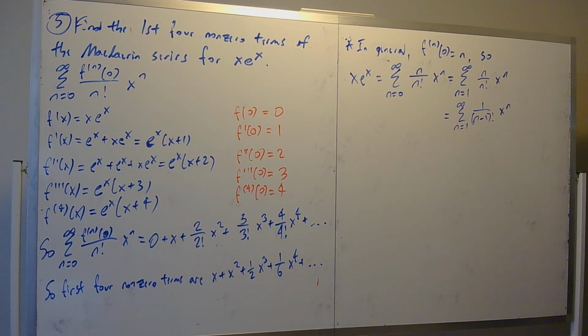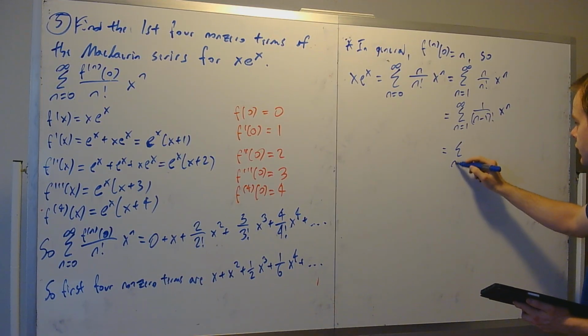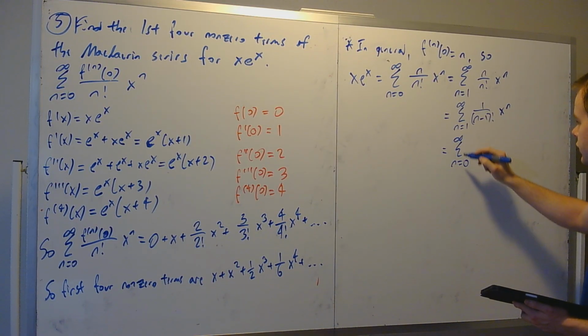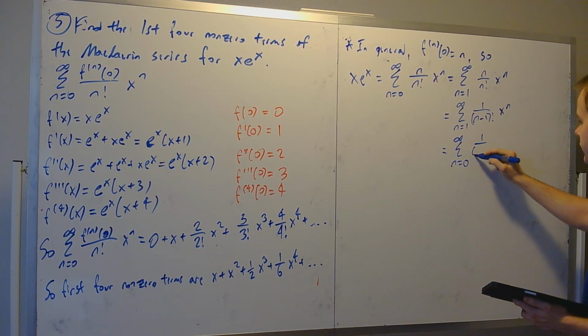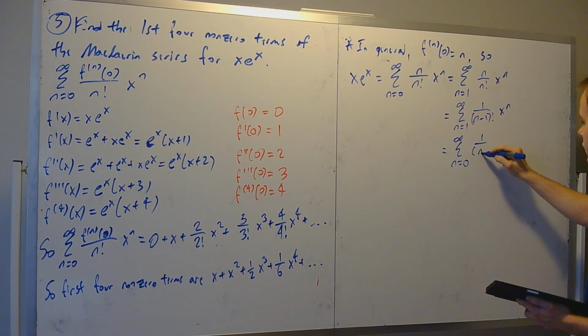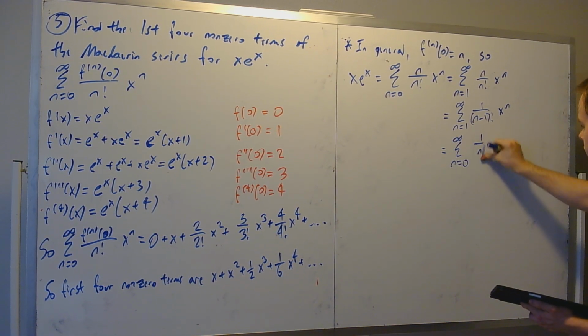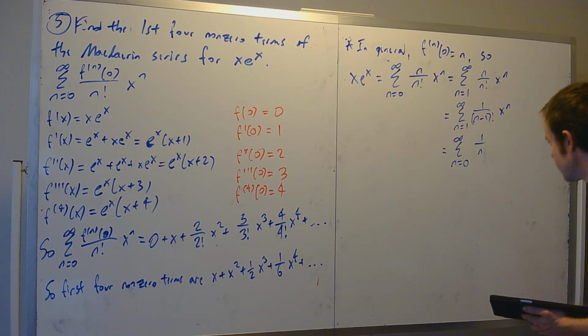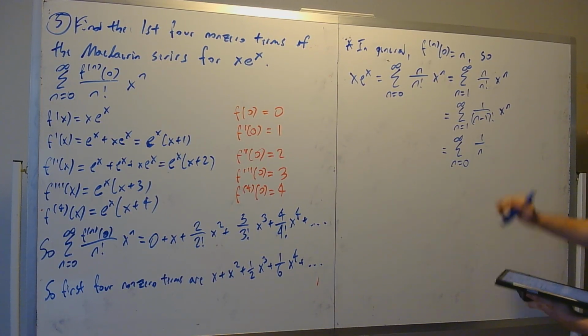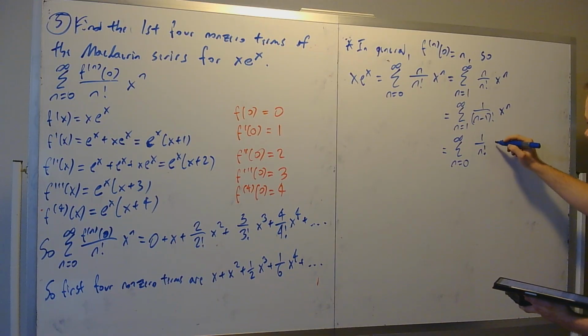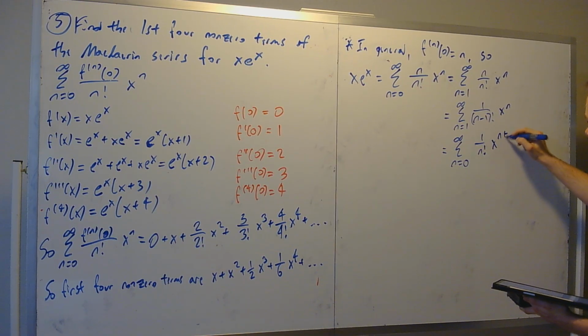And then notice what we can do here is, if we instead start at n equals 0, then we can rewrite this as the sum from n equals 0 to infinity of 1 over n factorial times x to the n plus 1.